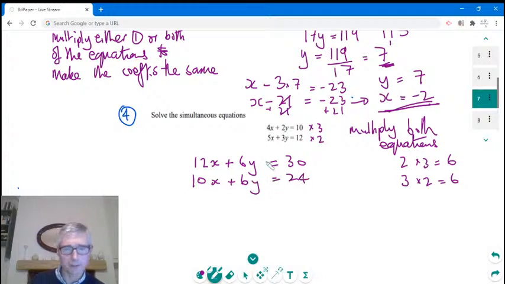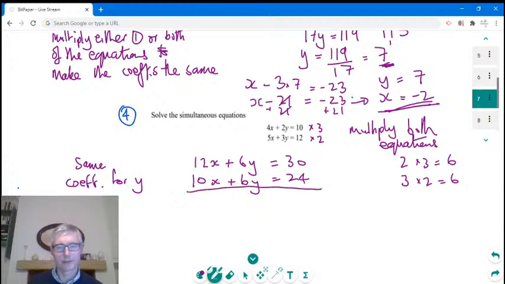So that's great now, because I've got the same coefficient for y. And now, if I subtract them from each other, I'm going to get 12x take away 10x is 2x. The y's will cancel, and what I'll get is equals 6.